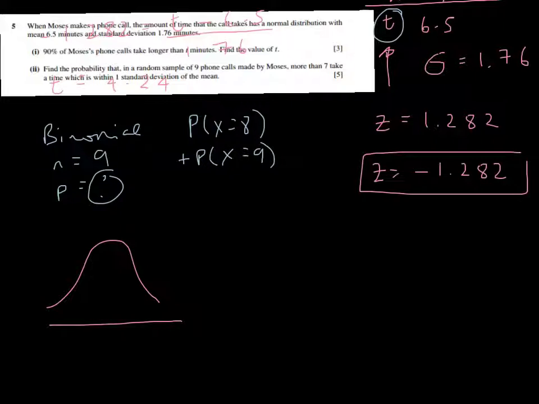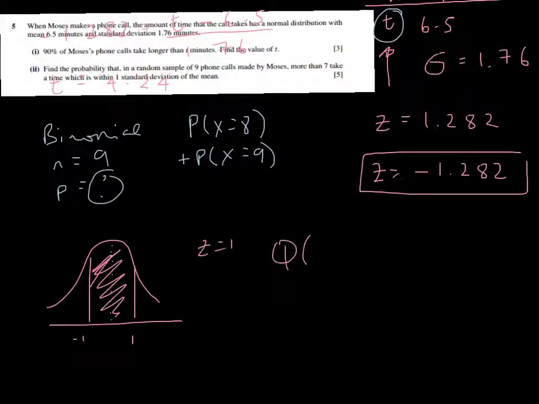So if I just move this up for a second, there are 2 ways that you can do it. The easiest way is just to use the z distribution, which is at the top of your formula sheet anyway. And what you want is to know what area is between 1 and negative 1 on the z distribution. So if you look up z equals 1 on the table, you are going to get 0.8413.